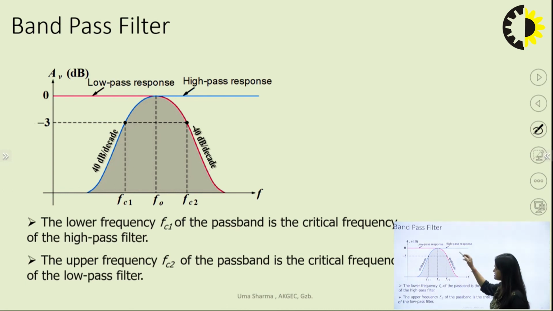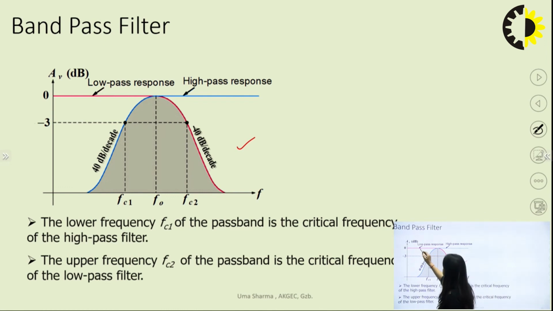In this slide you can see the characteristic of the band pass filter, where the pink line represents the low pass response, whereas the blue line represents the high pass response. The gain roll off rate for the high pass response, represented by the blue line, is 40 dB per decade because gain is increasing. For the pink characteristic, that is the low pass filter, the gain roll off rate is minus 40 dB per decade because gain is decreasing.